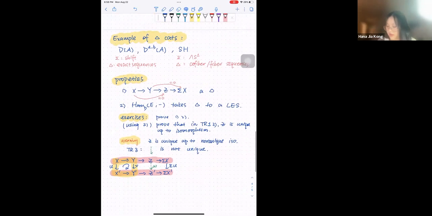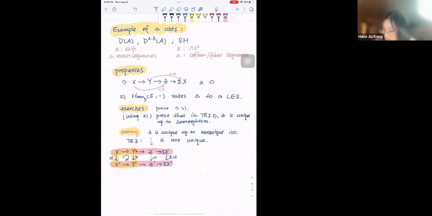So in TR3 you have this and this, and some map to fill in here to make everything commute. You have some choices. This is not a uniquely determined map.